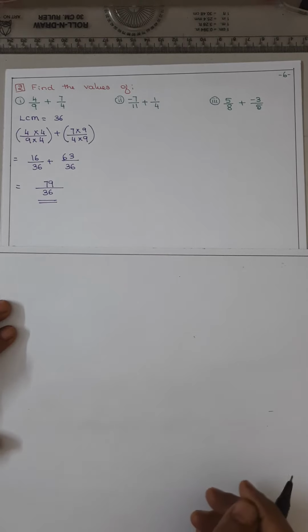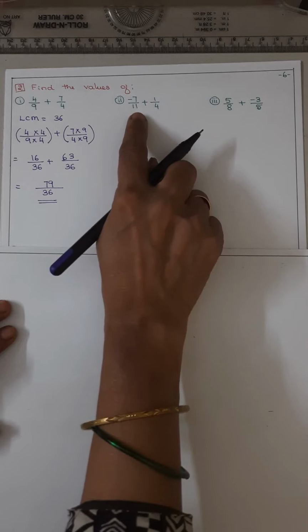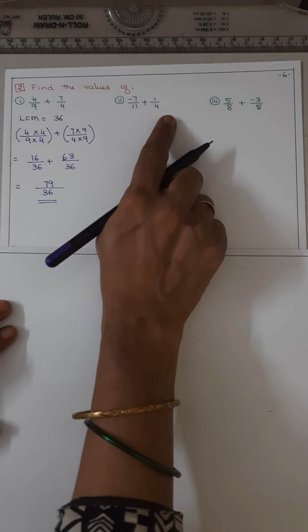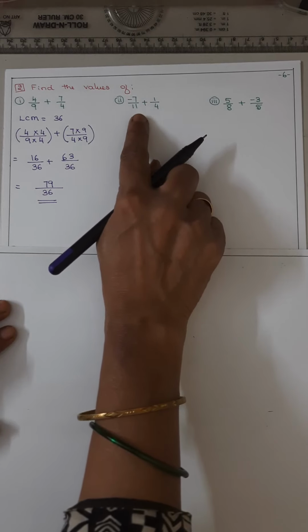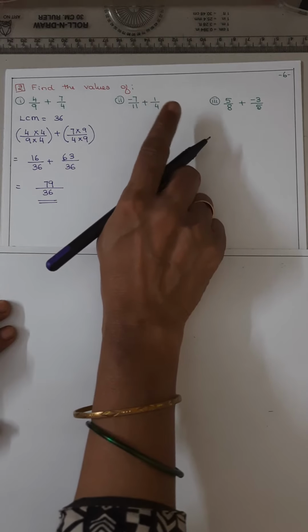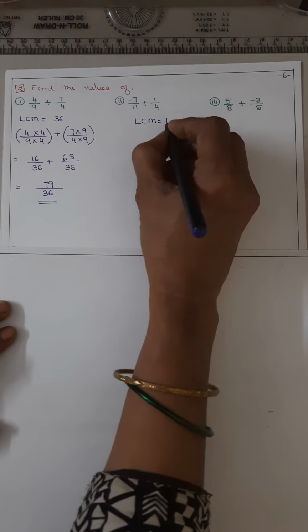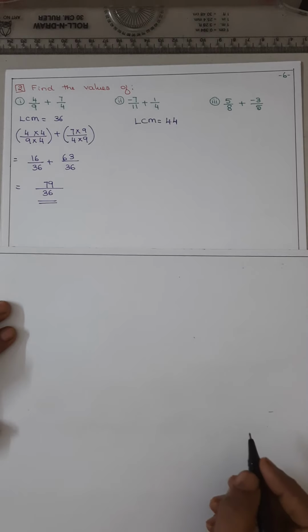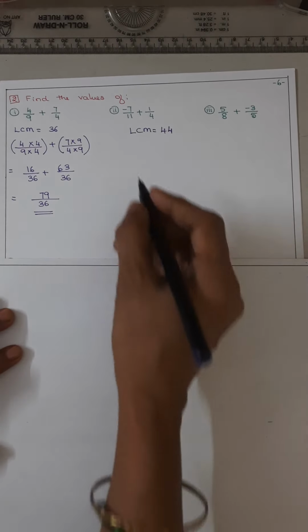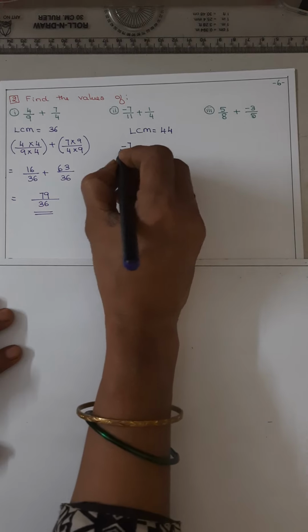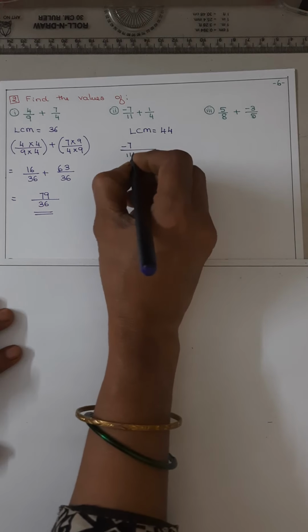Now coming to the next sum, it is 11 and 4. 11 is the bigger number, so LCM will be 11 fours are 44. Next, it is minus 7 by 11.